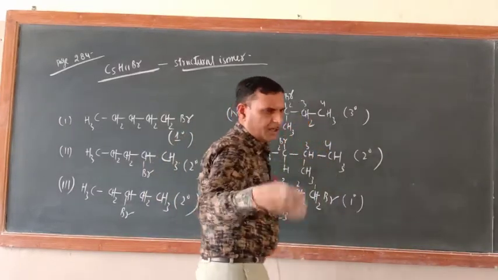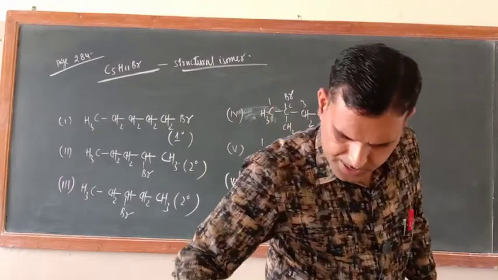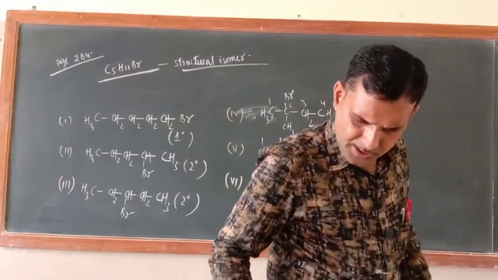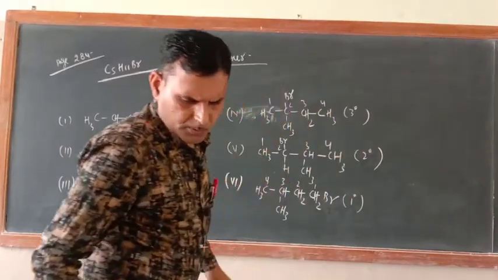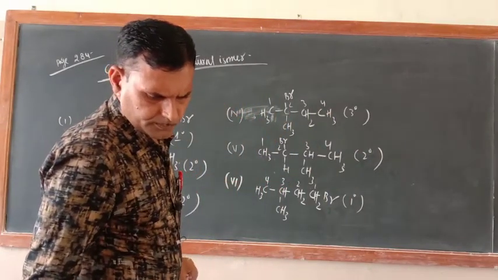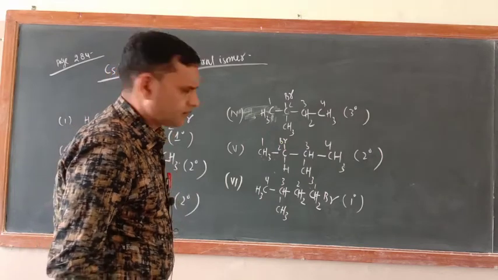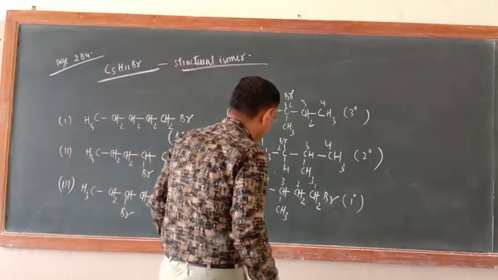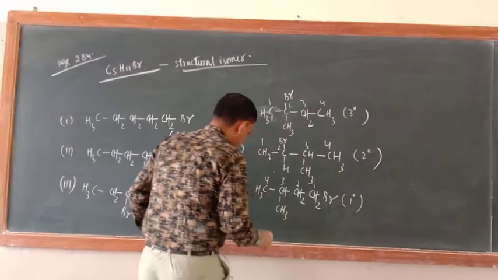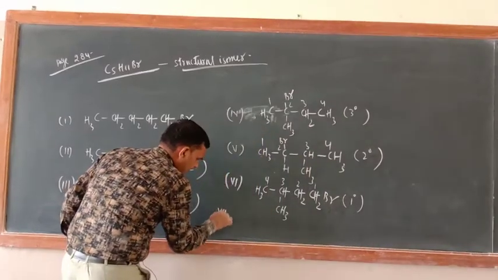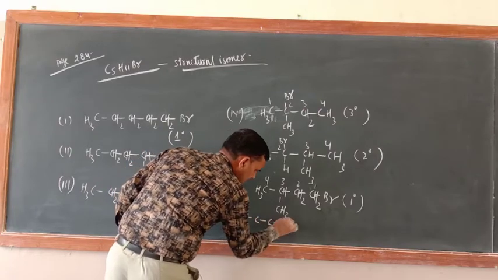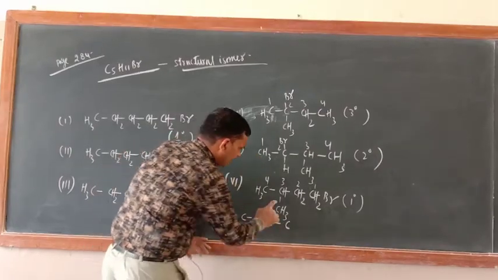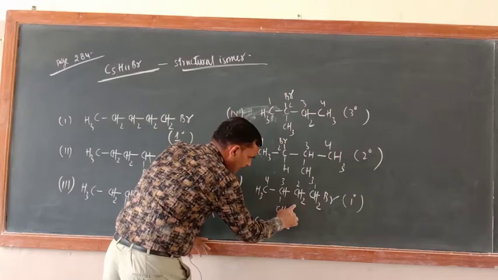Now what are the other possibilities? Just see, we can write in this way also. Number 7: C 4 are there. Now 3 methyl, we can write the methyl here.